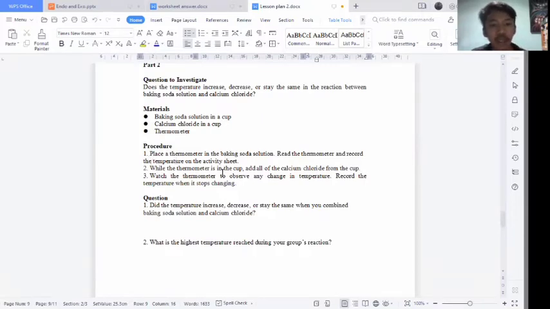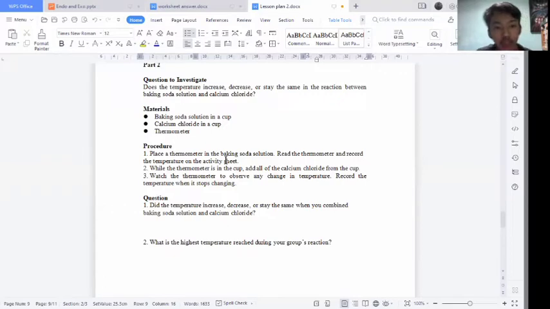Place the thermometer in the baking soda solution, then read the thermometer and record the temperature on this activity sheet. Then, while the thermometer is in the cup, add all of the calcium chloride from the cup.